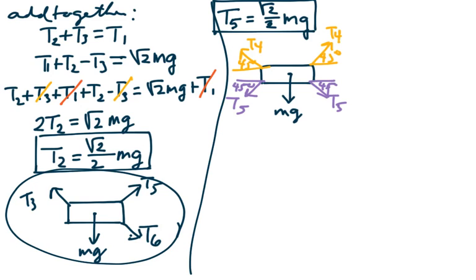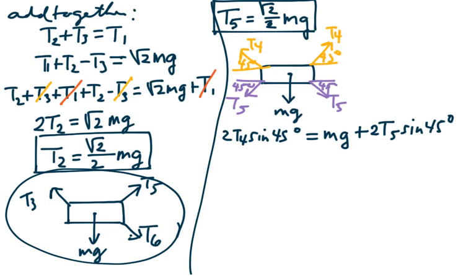And as we look at this, I have that 2 T4 sine 45 degrees in the y direction is equal to the force in the other direction, which is mg plus 2 T5 sine 45 degrees. Just balancing the forces in the y direction, top and bottom.